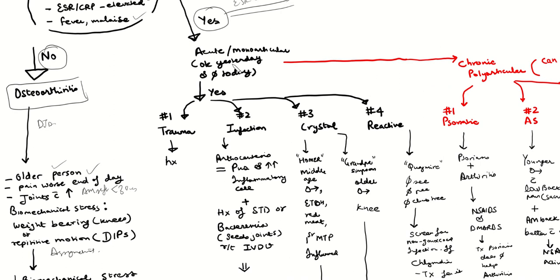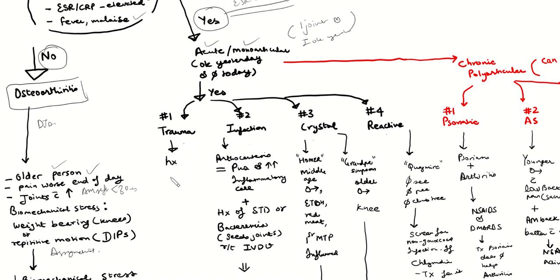If the question says that it is acute monoarticular, so it's one joint, and I was okay yesterday, and today I can't use that joint, that's acute and monoarticular. Then you've got four choices: trauma, infection, crystal, and reactive arthritis.